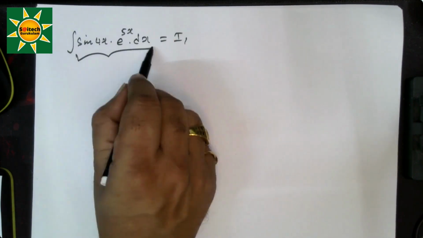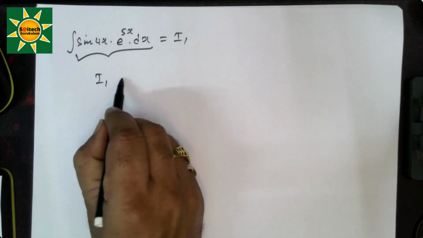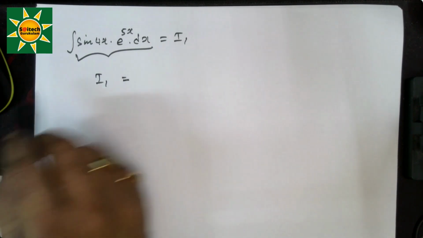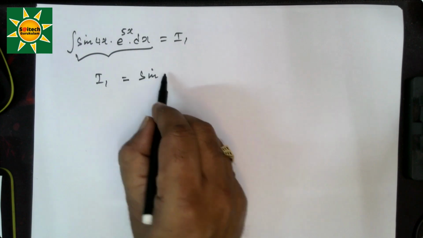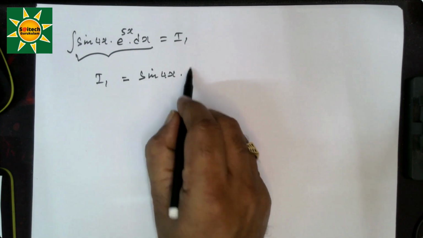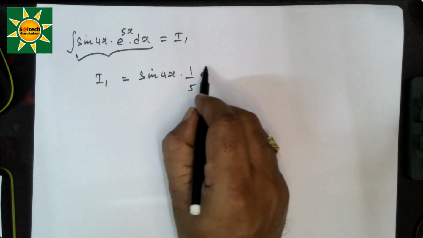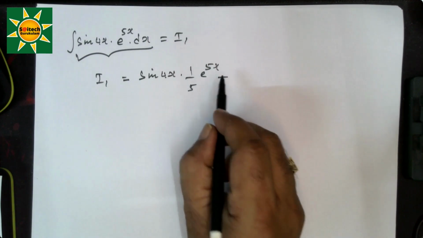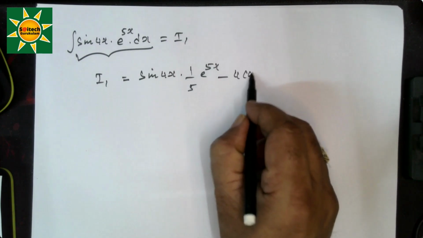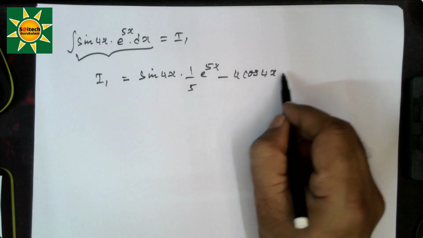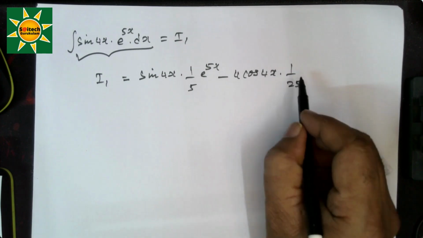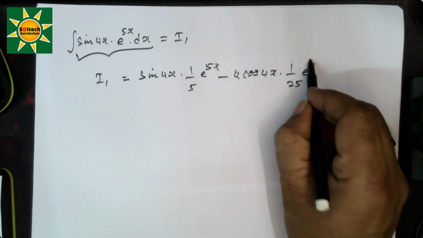So let me proceed. I1 is equal to, let me repeat, sine 4x 1 by 5 e power 5x minus 4 cos 4x 1 by 25 e power 5x.